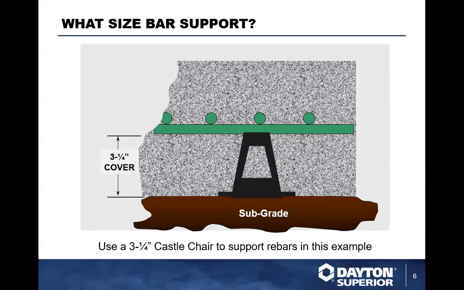All those things come into play as to what bar support you're going to want and use. Because not all bar supports, even though they have the same height, are good in certain applications, primarily because they may show something that you don't want seen.